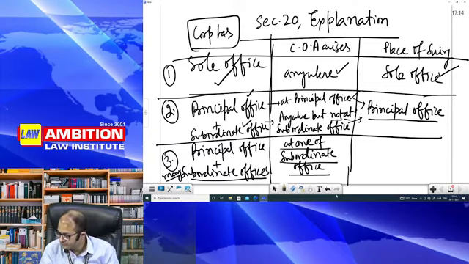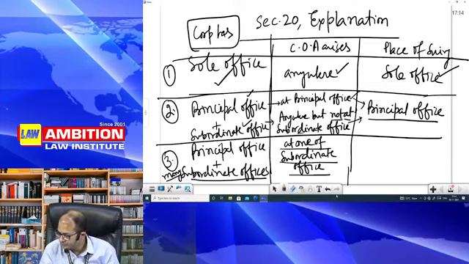Okay. Then there is another question. What is the difference between lack of jurisdiction and irregular exercise of jurisdiction? Cause of action and subject matter. Difference between cause of action and subject matter.